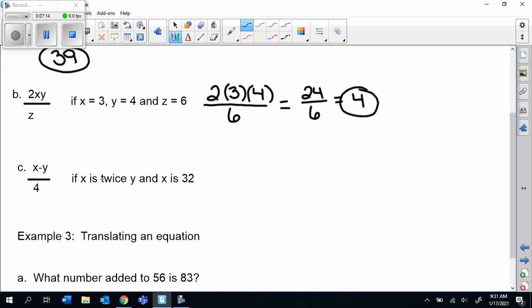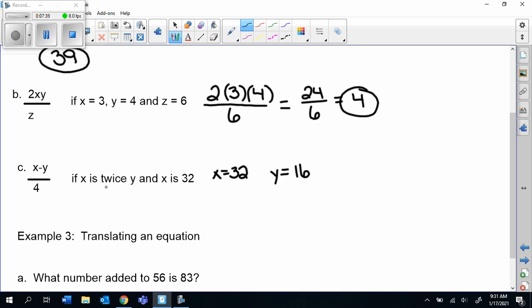All right, this one adds a little bit of a challenge. If x is twice y, so x has to be double. X is the bigger one. And if x is 32, and x is twice as big, that implies that y has to be smaller by half. So half of 32 is 16.